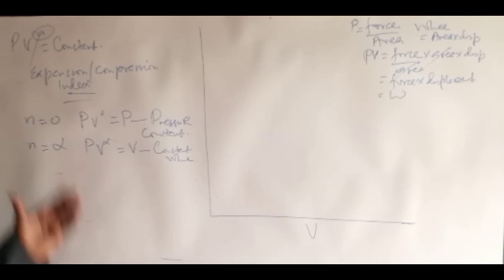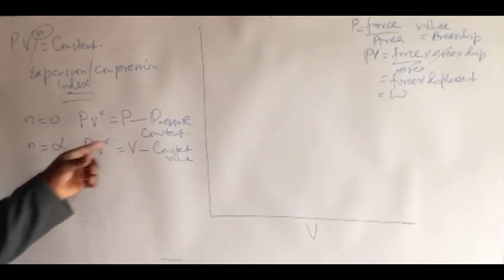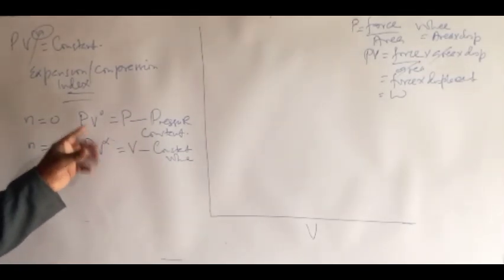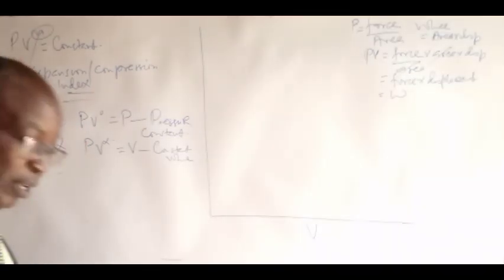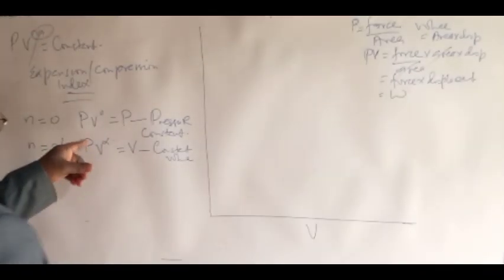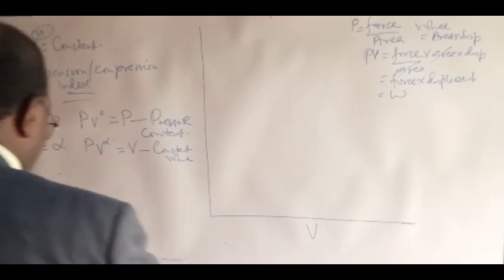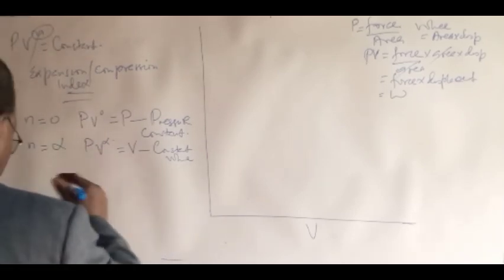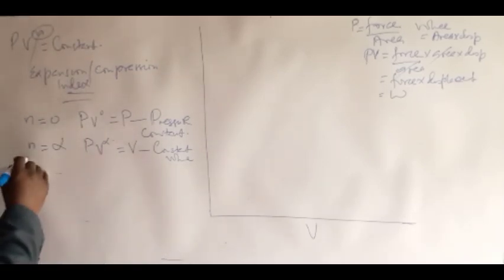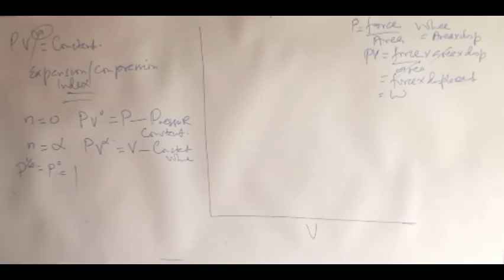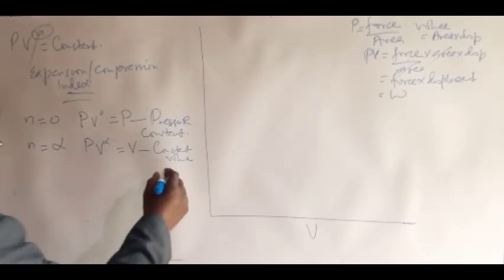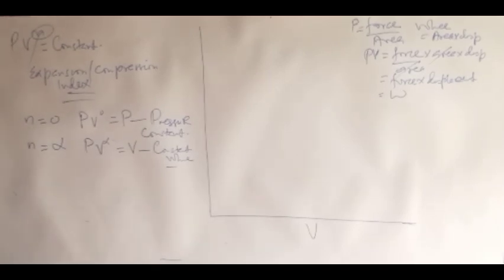Because remember, if you handle the exponents, there's 1/n, so if you divide by infinity, you have 1 divided by infinity, which will be basically 0. So P to the power 0 is 1, and you're left with the volume as constant there. So we have constant volume.